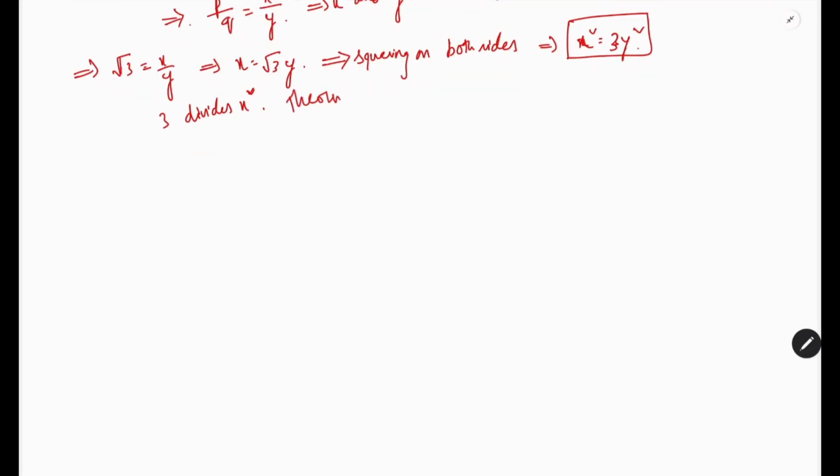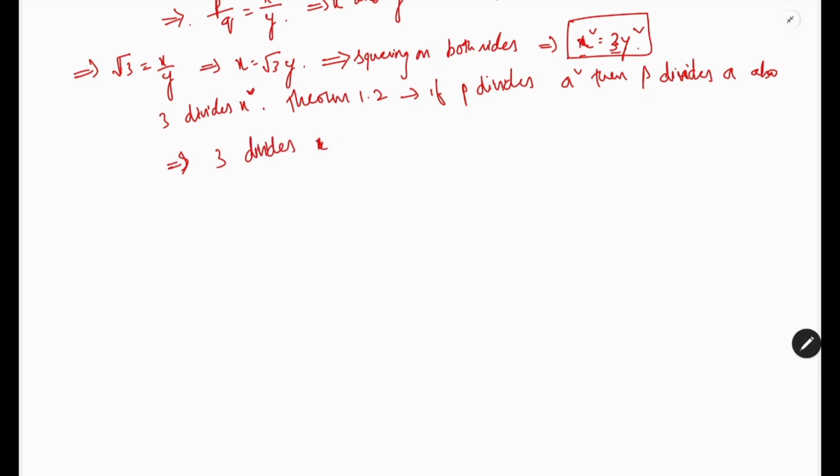According to theorem 1.2, if P divides A square, then P divides A also. So if 3 divides X square, then 3 divides X also.